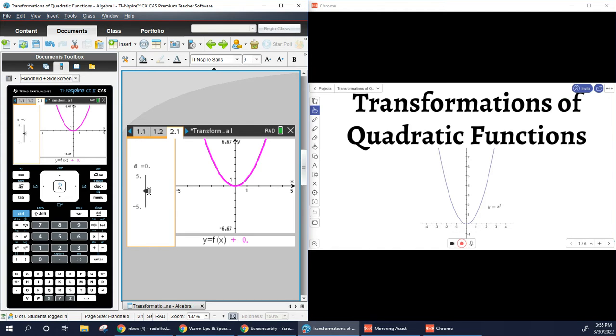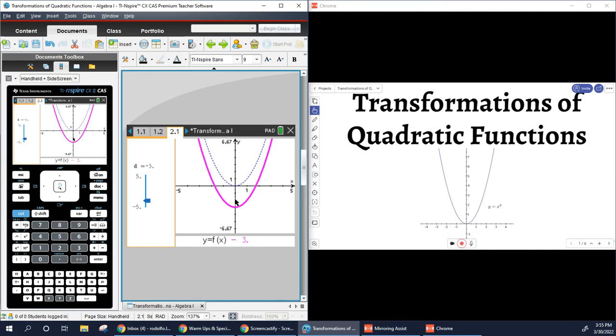But then as we start manipulating it and moving it, notice how as we add positive numbers to it, the function moves up that many spaces. If you move it down to the negatives, or you subtract, let's say we subtract 3, then you're going to move down from the origin. This dotted line is the original one.